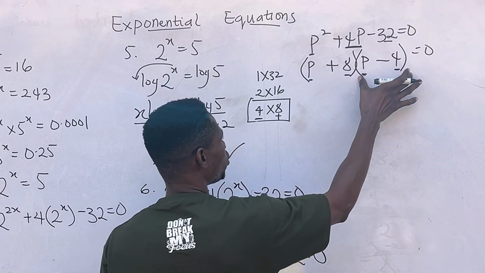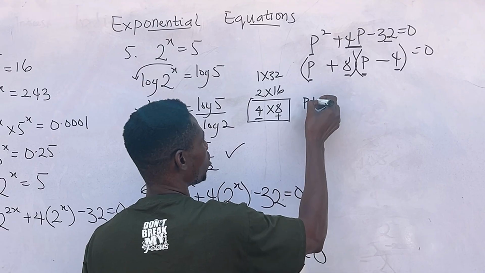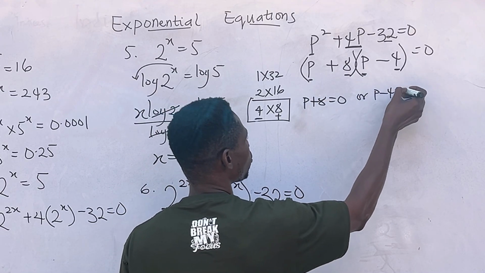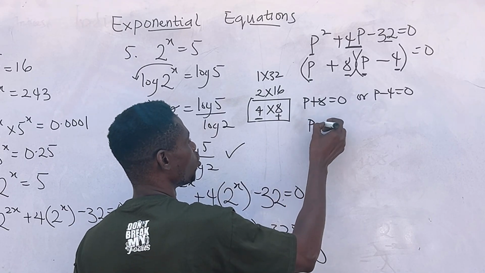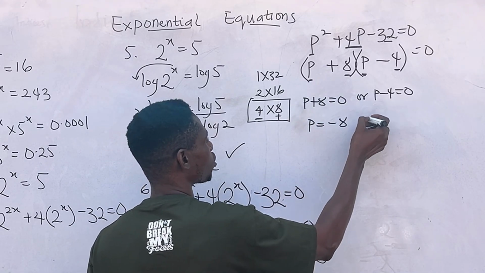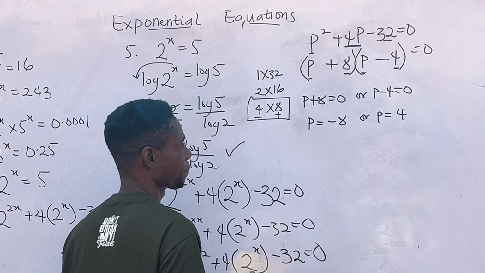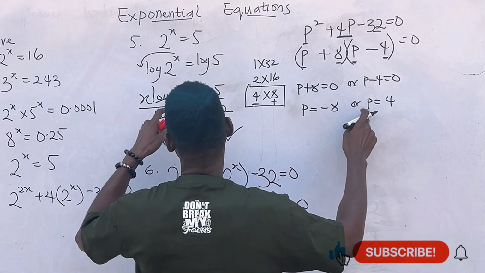Now, if you have a product equal to 0, it is either the first, that's P plus 8 equals 0, or the second, P minus 4 equal to 0. And from here, P will be equal to negative 8 or P will be equal to 4. Now recall that P is not where we started from.